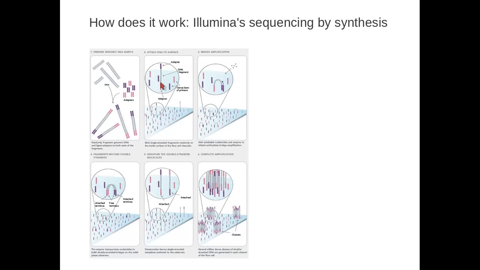Again, the complementary base pairing between the nascent strand and the template strand brings in the corresponding complementary nucleotide. And again, an imager comes in, photographs the surface of the flow cell, and again we have different colored spots, again representing the nucleotides as they're being incorporated into these individual clusters. So that's a lot to say here.